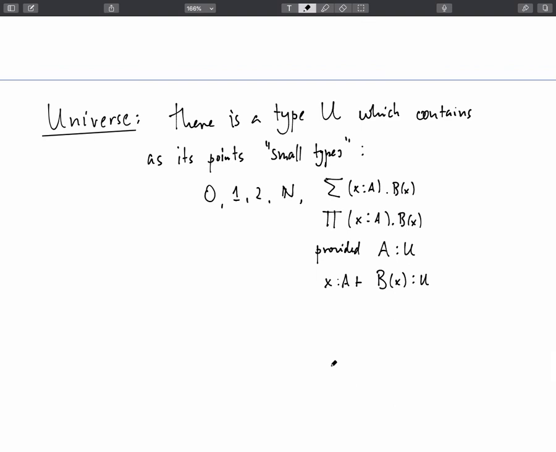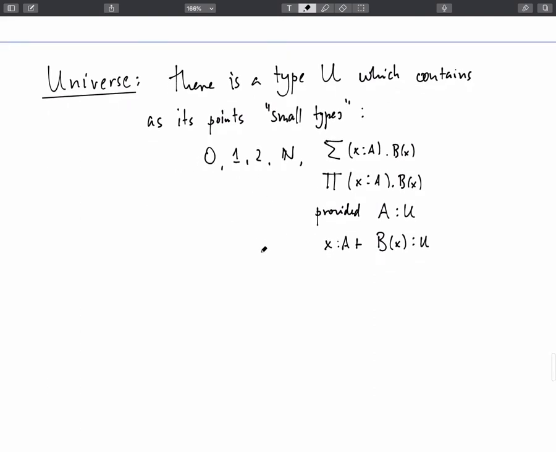It's kind of like a type of all types, but it doesn't contain itself. It just contains the things you can get out of these constructions. And so we call it the universe.